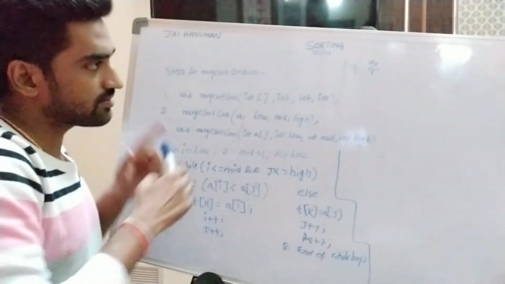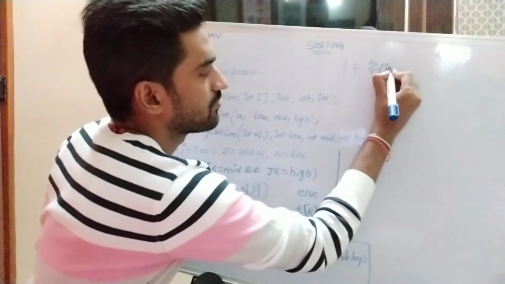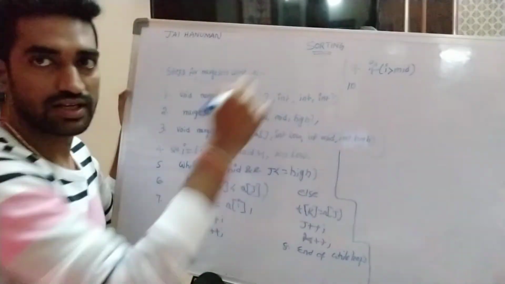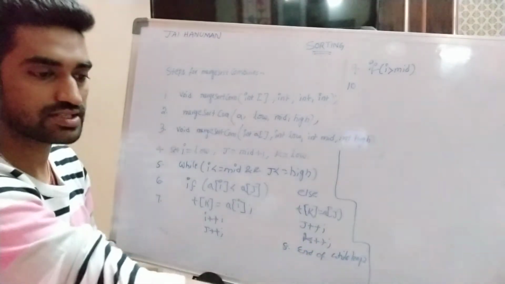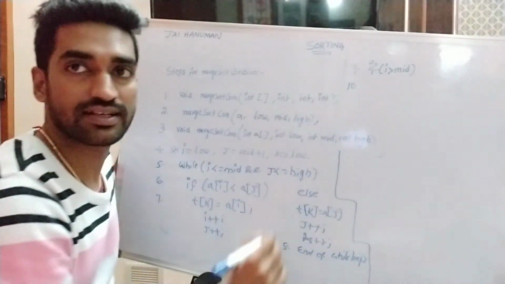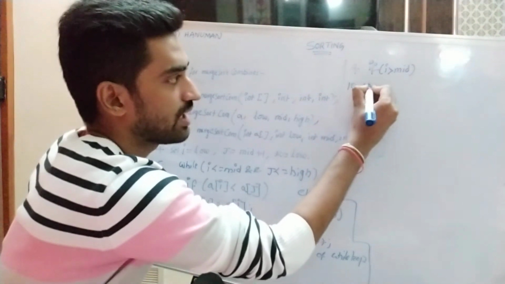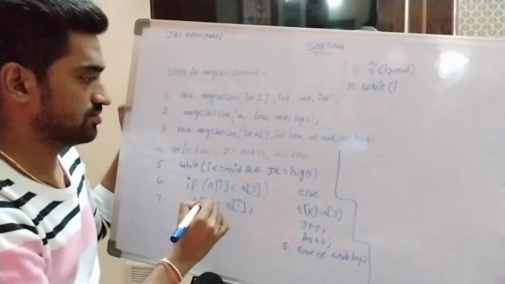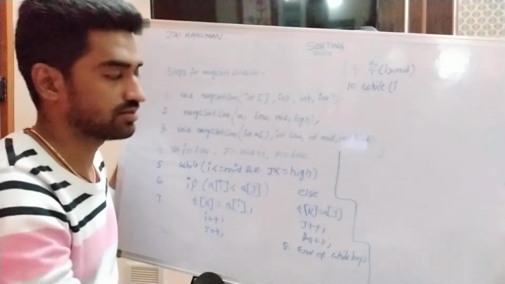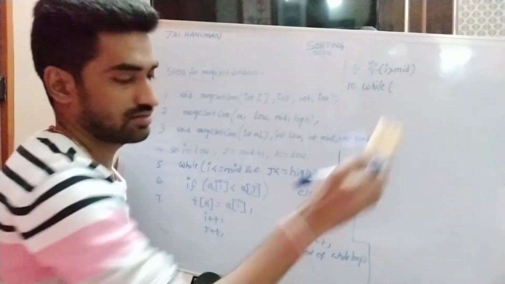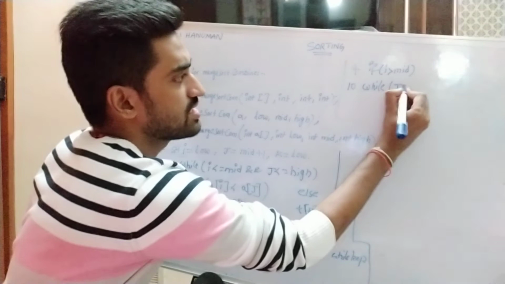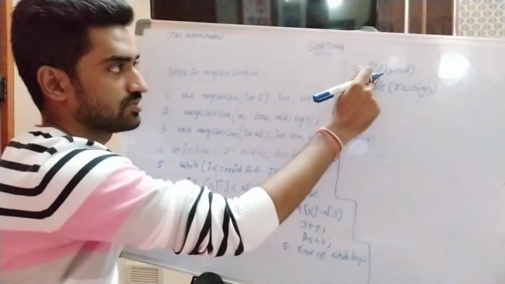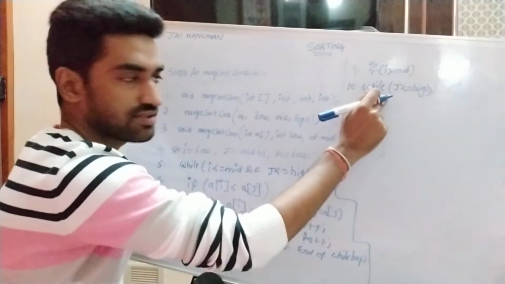If i greater than mid, we are checking one more condition. So after completion of this while loop, we are checking if i greater than mid, then while j less than or equal to high, we are checking one more condition. If this condition becomes true, we are executing this loop, right?